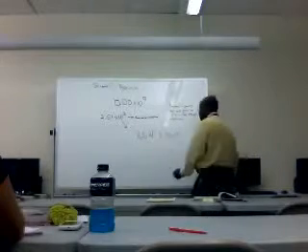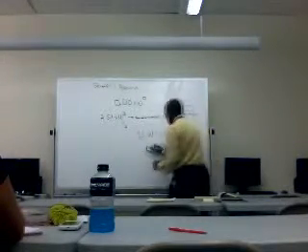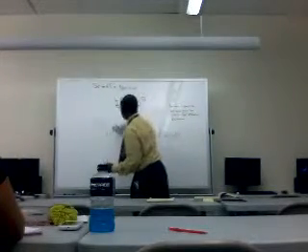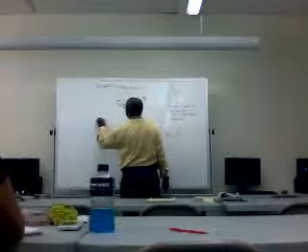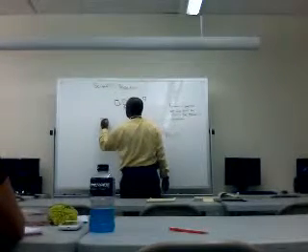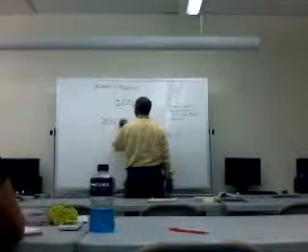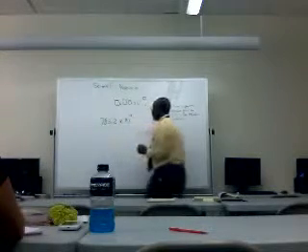Now sometimes we have a different number, a number that already has a power. So let's say we have 78.32 times 10 to the 4.